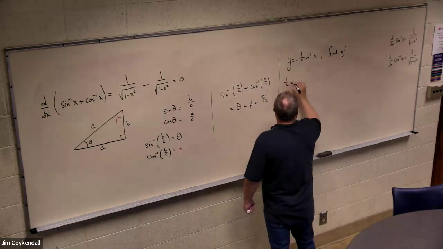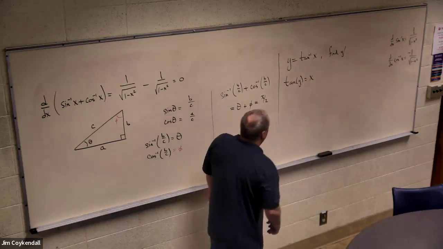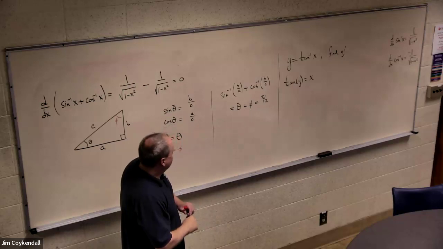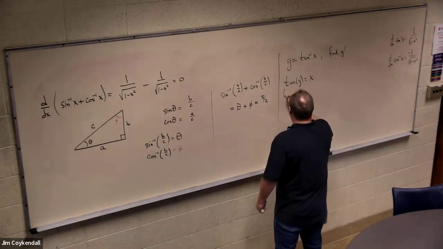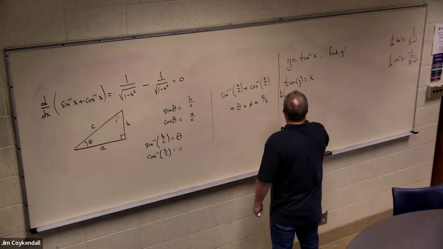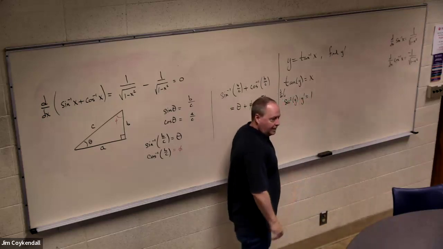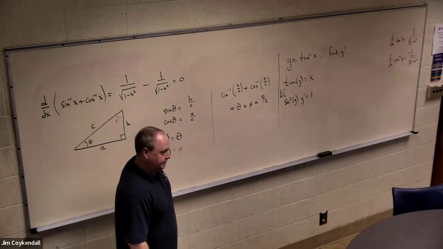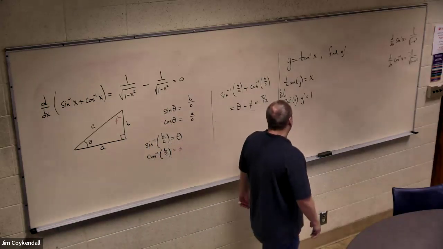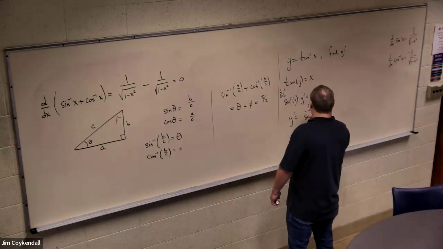Well, let's take the derivative of tangent y. This is secant squared y times y prime. So I get y prime is 1 over secant squared y.